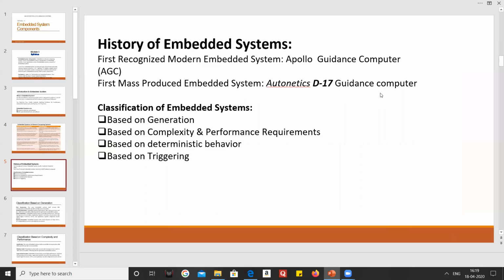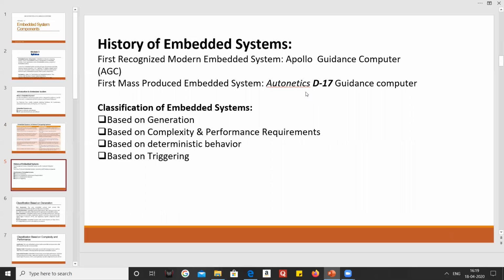All these are the names of the oldest embedded systems, and these embedded systems were widely used in NASA applications in the US. So it evolved from there. Initially they started working with satellite launching and defense sectors, and later it came to society.